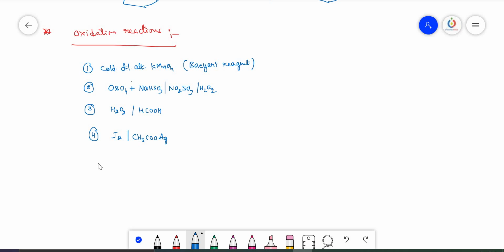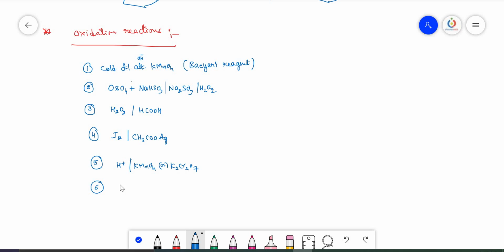So these are all different types of reagents. The fifth one is H plus. Here alkaline means OH minus, while here we are using H plus, so H plus KMnO4, or you can use K2Cr2O7. This is one oxidizing agent.